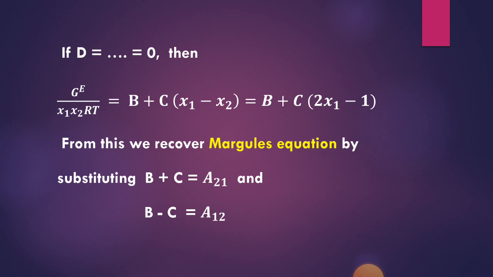From this we can recover the Margules equation by substituting B plus C equal to A21 and B minus C equal to A12. In this way we can write the Redlich-Kister expansion in different forms.